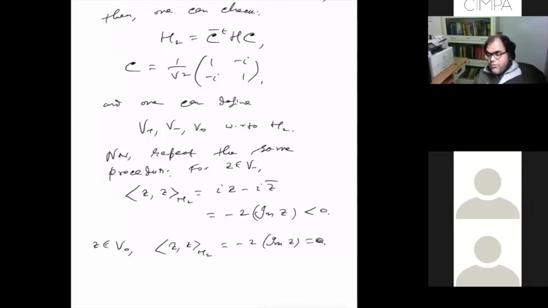Okay. So now what is this set? So what does it mean? That means in projective coordinates, okay, in projective coordinates, what do you get?